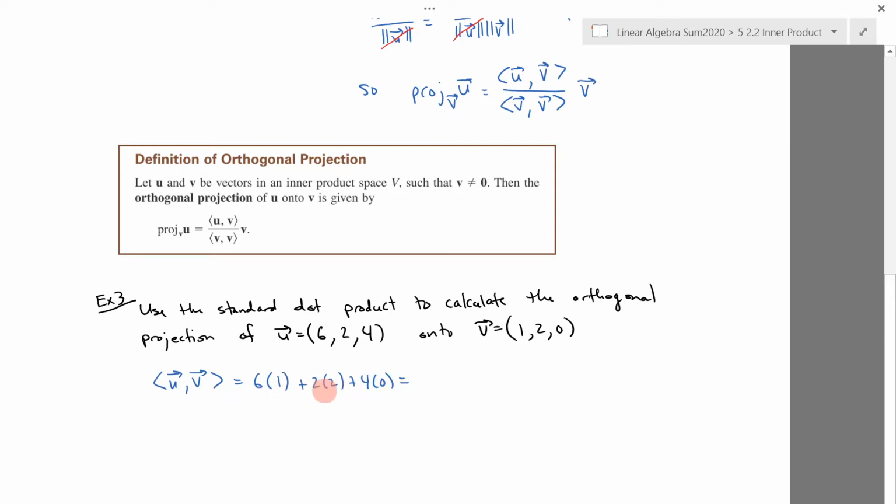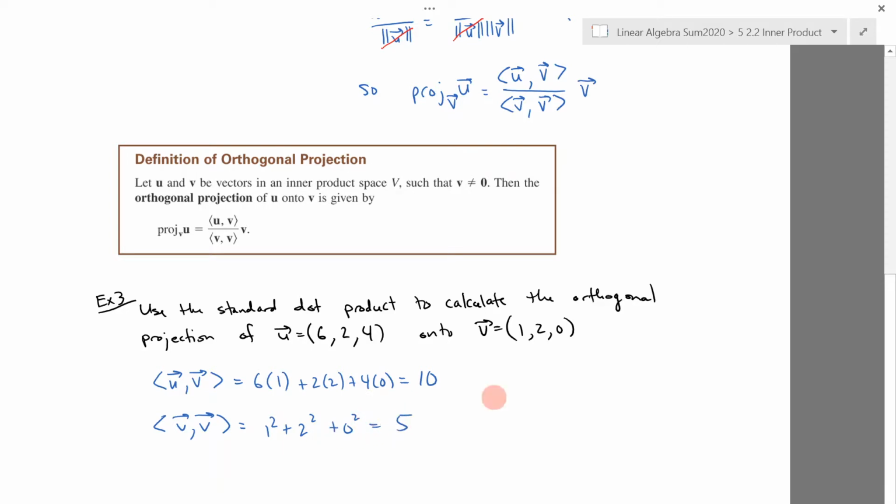So this is 6 plus 4 plus 0, which is 10. And v dot v is 1 squared plus 2 squared plus 0 squared, which is equal to 5.